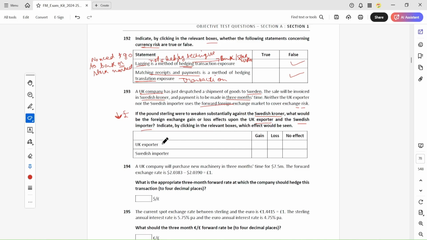If the UK exporter is receiving foreign currency and the home currency depreciates, it means an increase in the foreign currency.